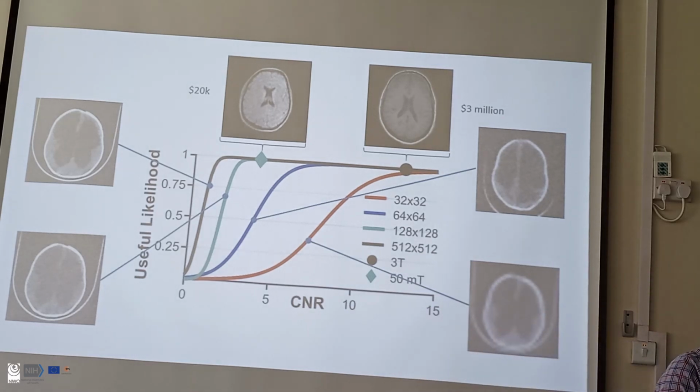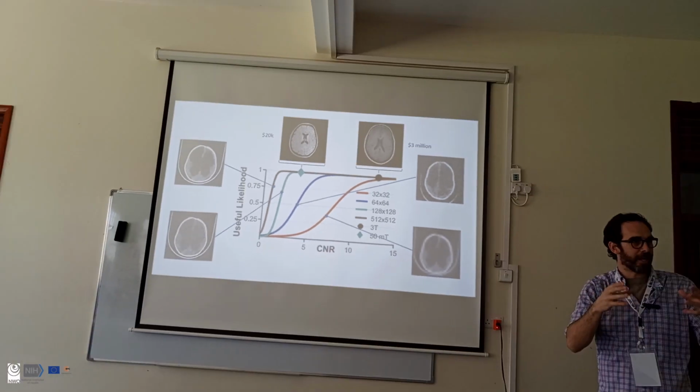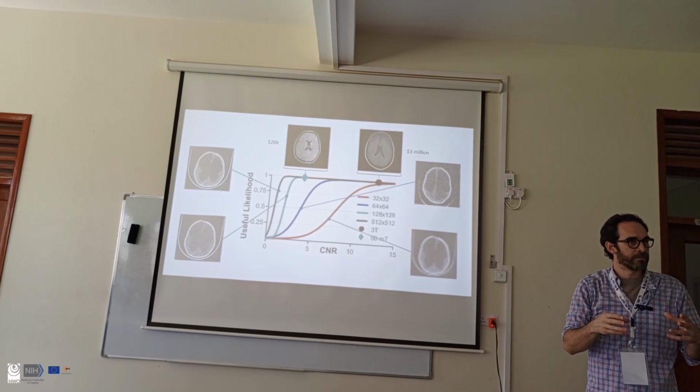Now, the limitation here, of course, is that we did our study on CT images. But I don't think it's a huge stretch to say that the contrast to noise ratio between the two should yield marginally similar results. So this is an indication that from a $20,000 scanner versus a $3 million scanner for hydrocephalus treatment planning, we probably have the same diagnostic information.